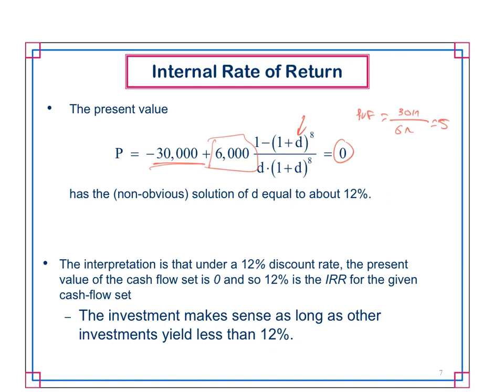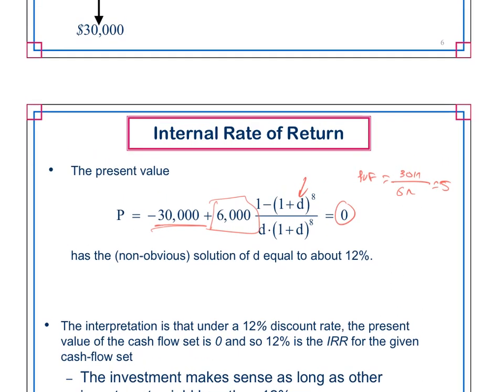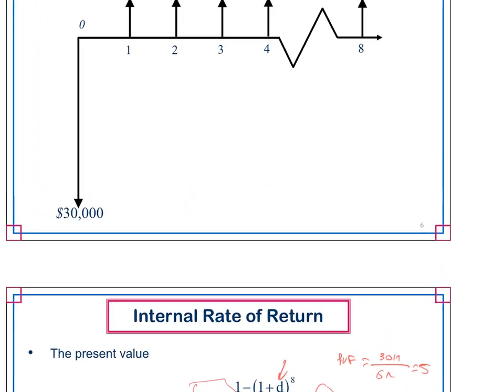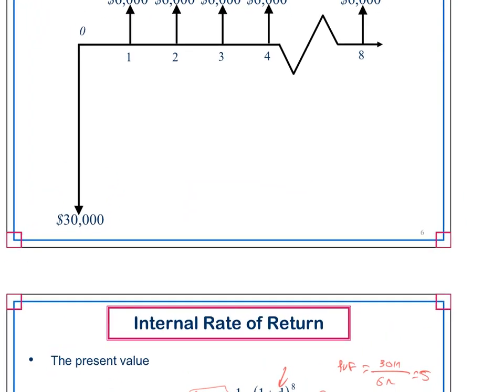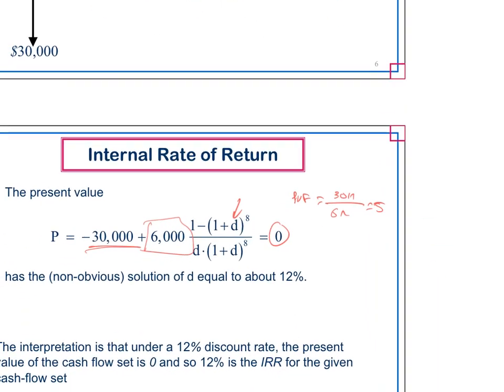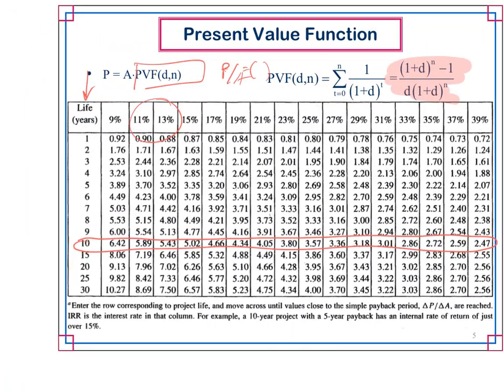So if I did that for a period of 8 years, so my time period is 8 years here, and my present value function is 5, I go up to this table. Oh, I'm sorry, I said 8, not 5.